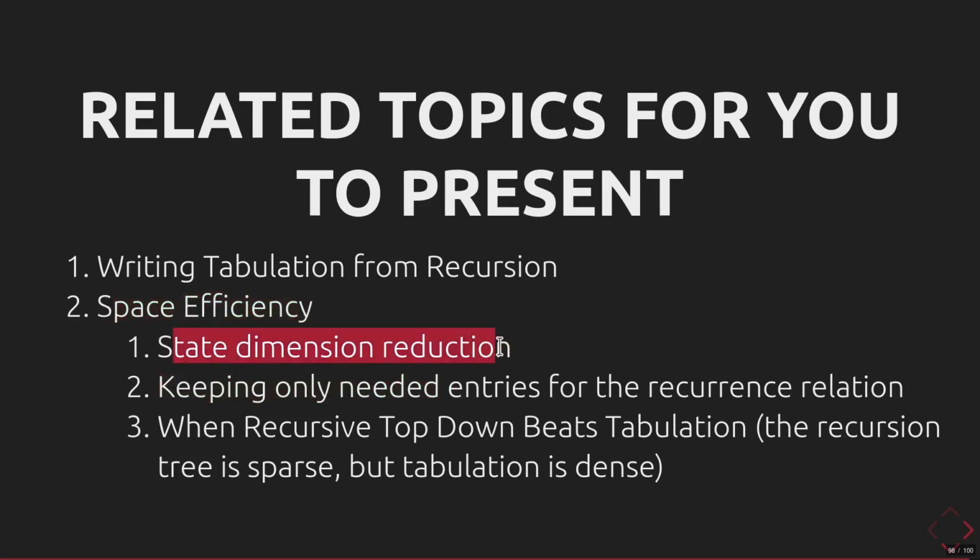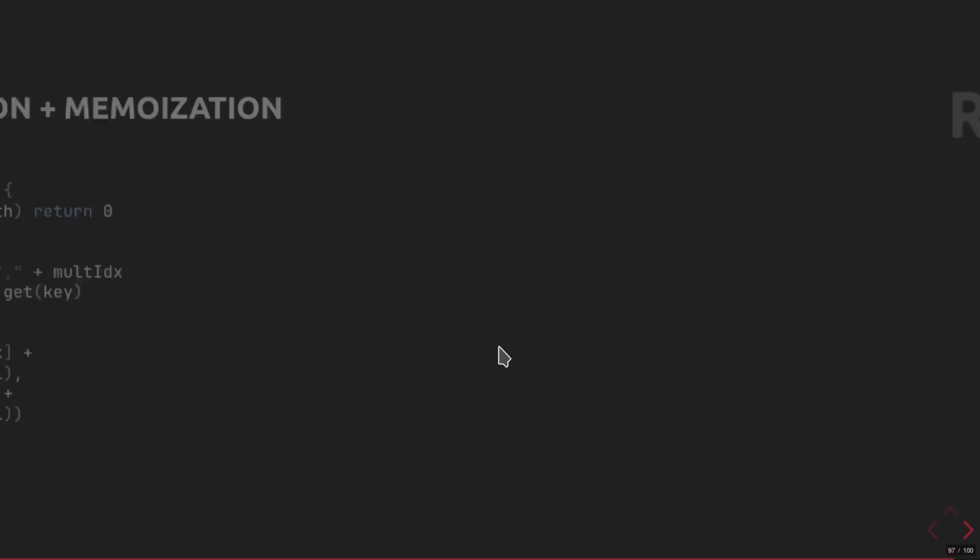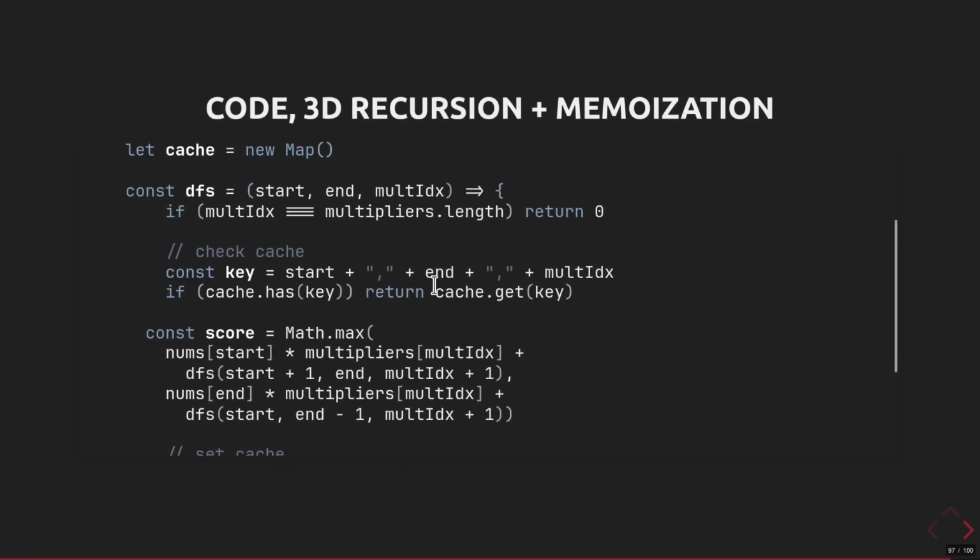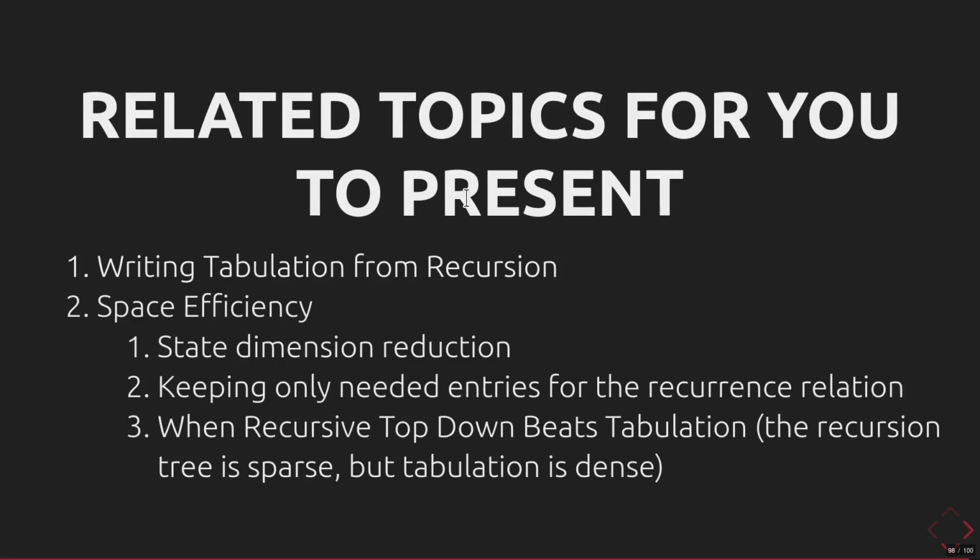You can talk about state dimension reduction, which is something you might see from a problem like this, right? You could technically just have start and multiplier index and just calculate what the end would be based off of these two, right? It doesn't save you time, but it could save you a little bit of cache space if you're creating all the cache space explicitly, as you do when you do a tabular approach.